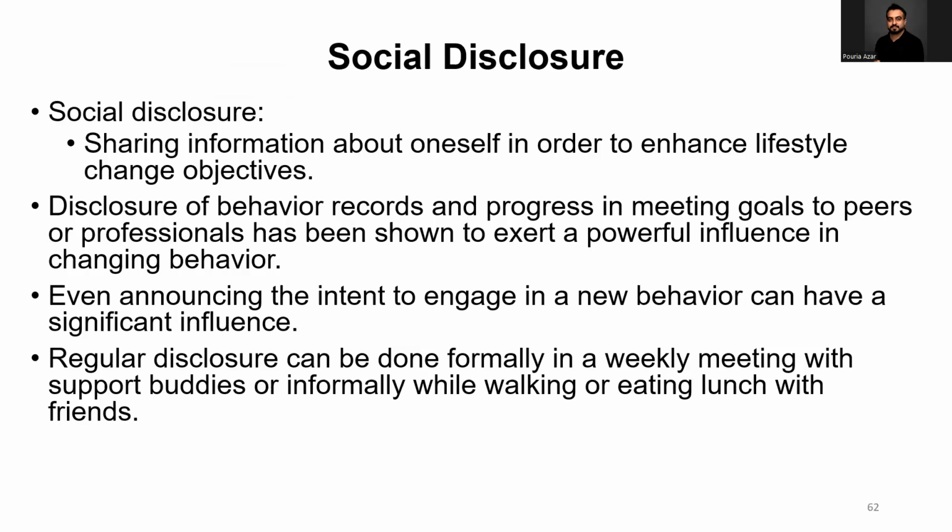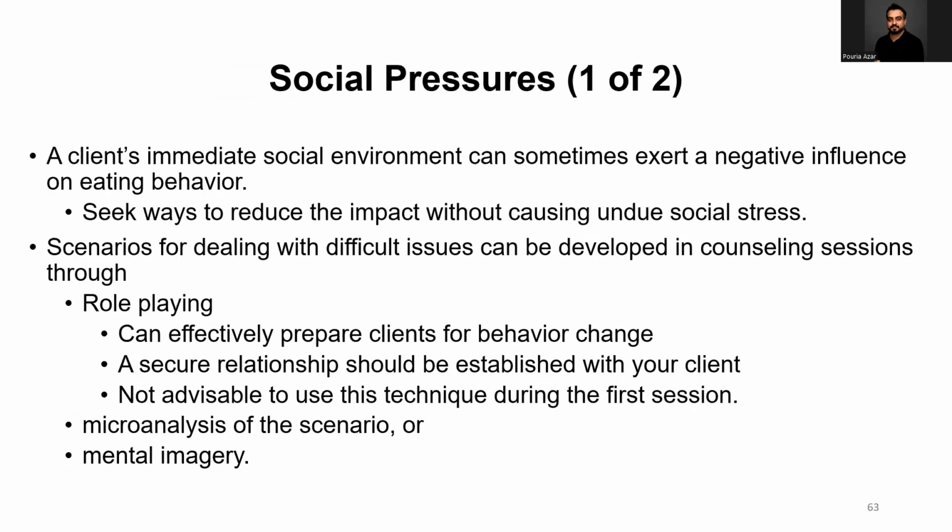So, regular disclosure can be done formally in a weekly meeting with support bodies or informally while walking or eating lunch with friends. So, social disclosure can also be useful.